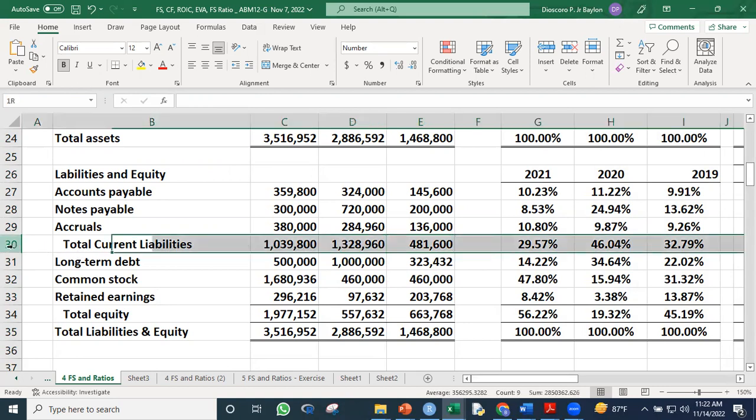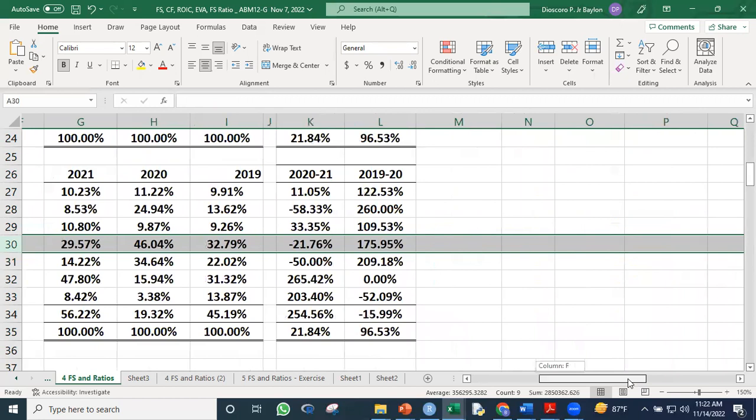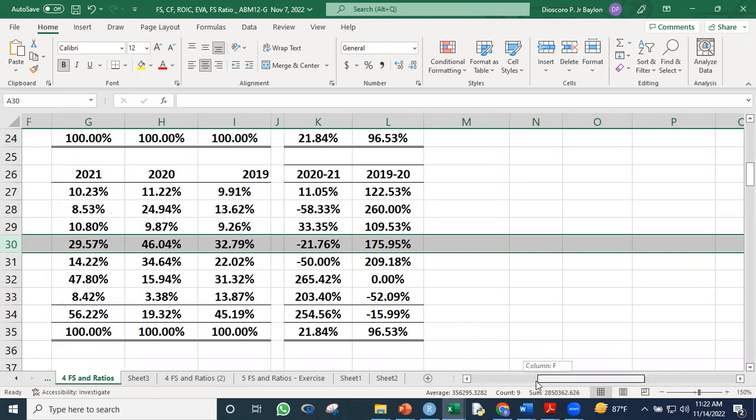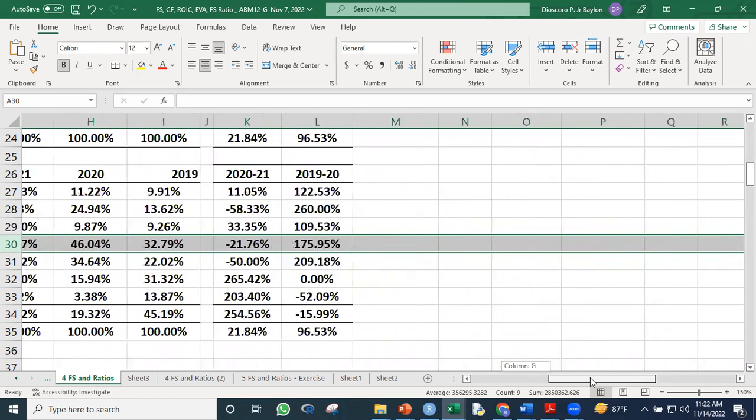Current liabilities went up by 1.75 times, and long-term debt increased by more than 2 times, 2.09 times. So there was a big jump in these figures. Wait, let me check the formula.